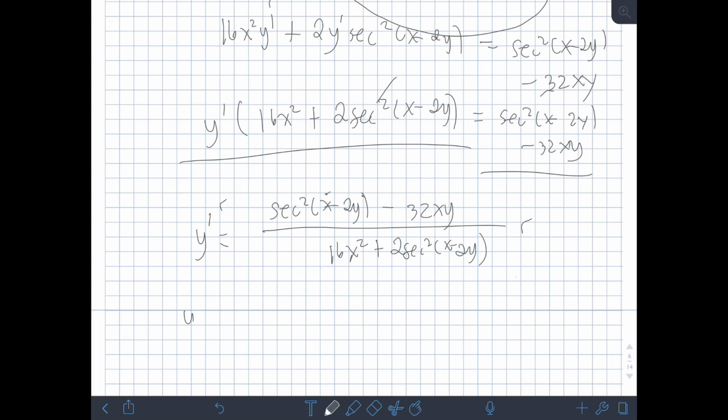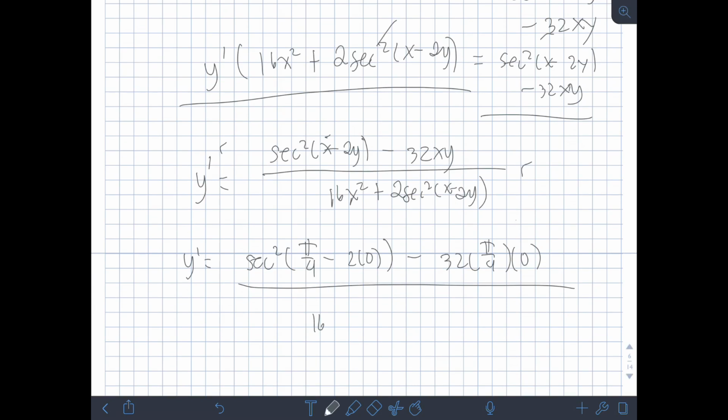So, we have y prime is equal to secant squared of x is pi over 4 minus 2 times y is 0 minus 32 times x is pi over 4 times y is 0 over 16 times x squared or pi over 4 squared plus 2 secant squared of x is pi over 4 minus 2 times 0.